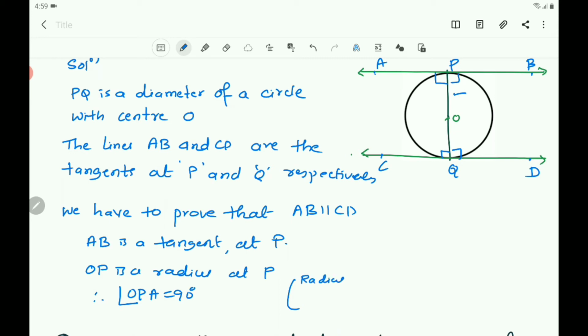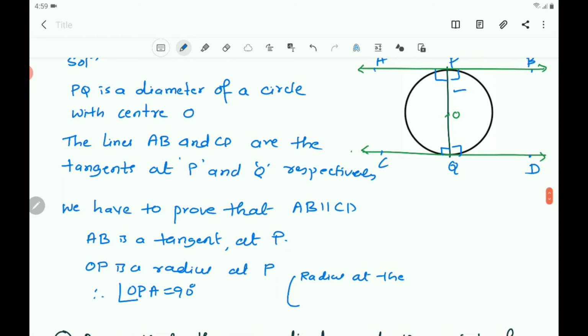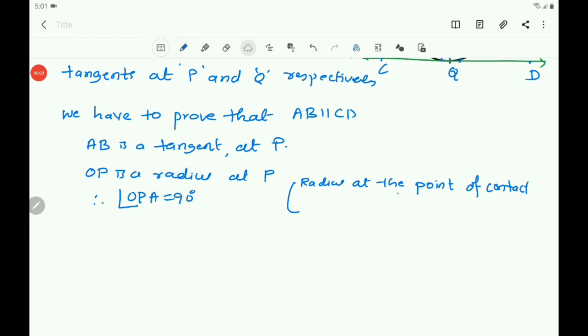Radius at the point of contact is perpendicular to the tangent.